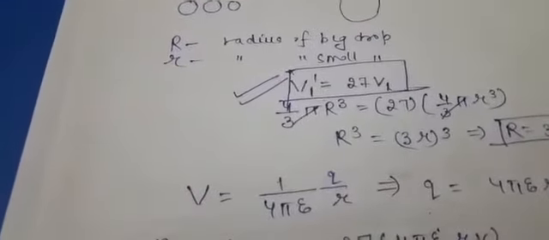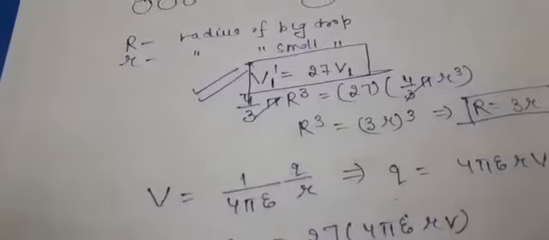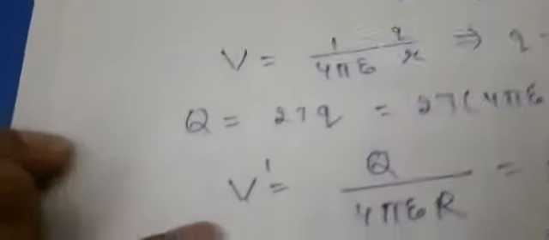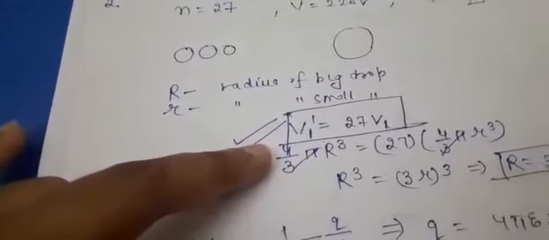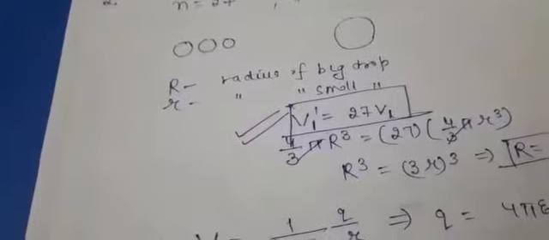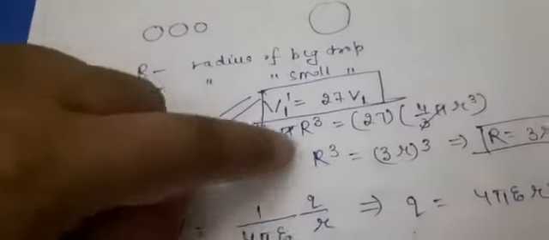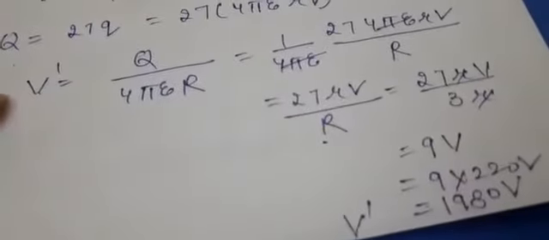This will be better, because otherwise we have taken the symbol for potential as V and for the bigger drop as V dash. So take it for the volume as V1 dash and V1. This will not create any problem, just notation, you can change this also. So first of all you will compare the volume, second you have to learn the potentials. So these are all the steps which you have to understand.